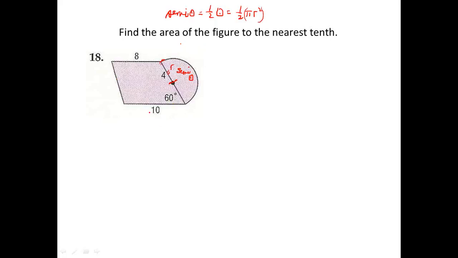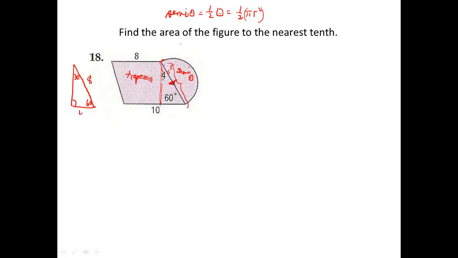And the other one, the only thing I can guess, this is a trapezoid. But I don't know if I have the height. But again, I have that 30, 60, 90 triangle. So if this is 4 from here to here, from here to here, which is my hypotenuse, is 8.